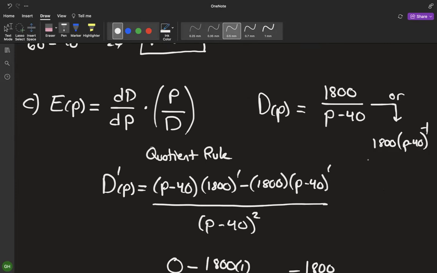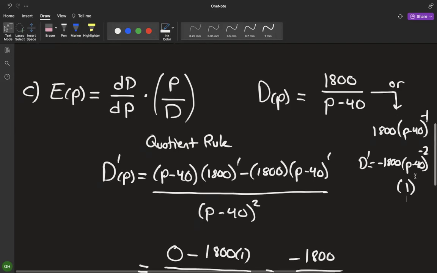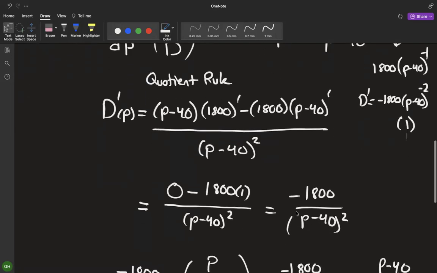Because the chain rule tells us that the derivative is going to equal, bring down the power, negative 1800, P minus 40 to the minus 1 minus 1 is negative 2, multiplied by the derivative of the inside, which is just 1. So we get negative 1800 P minus 40 to the negative 2, which is exactly what we got with the quotient rule. Both of these are valid, whichever one you find easier, you can use.